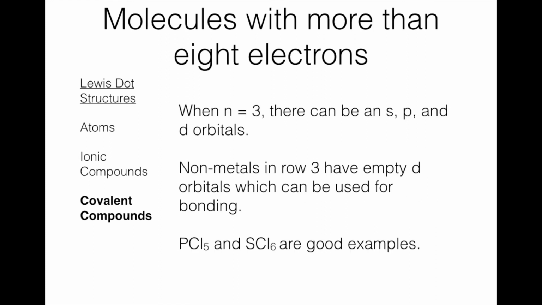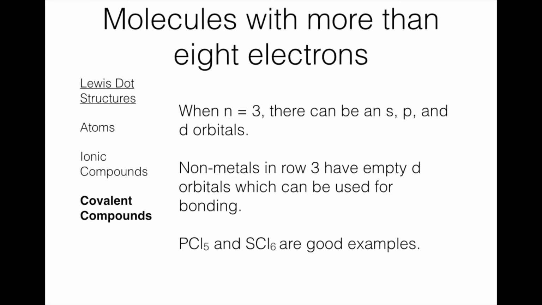Whenever we're in row 3 or below, if you recall, whenever n equals 3, we can have s, p, and d orbitals. So when we are drawing Lewis structures for these elements, we're particularly working with nonmetals now, even though some of the transition metals can still do this.